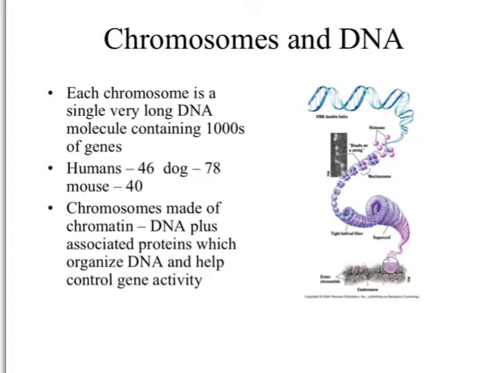So chromosomes are made of chromatin. There are some different names here that are very similar, and we need to get them straight. The chromosomes are made up of what's called chromatin, which is DNA plus the proteins that are used to organize and help control the gene activity.